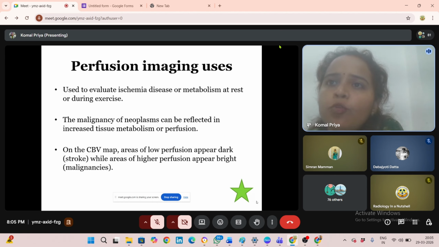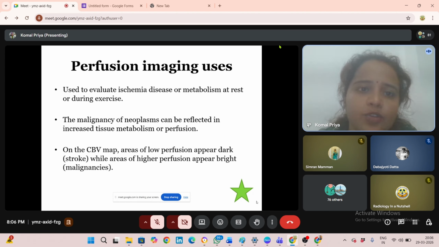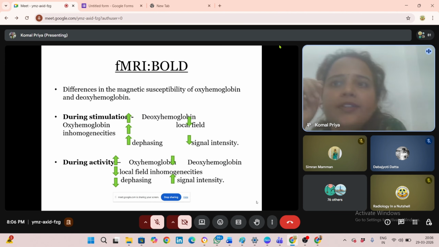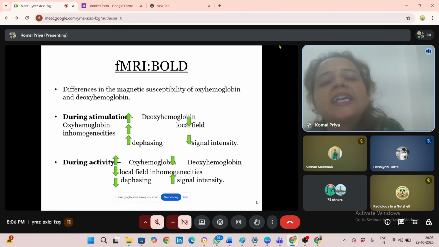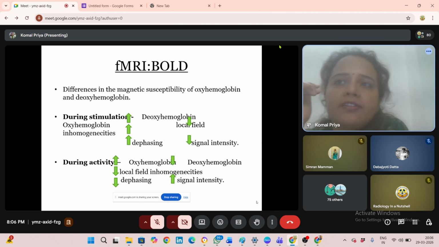Next we'll move ahead to functional imaging. I'll be discussing it quickly; we'll just see the basics. You might have heard about BOLD. We use this in functional imaging. It is a rapid MR imaging technique which acquires images of the brain when the brain is at activity and when the brain is at rest.